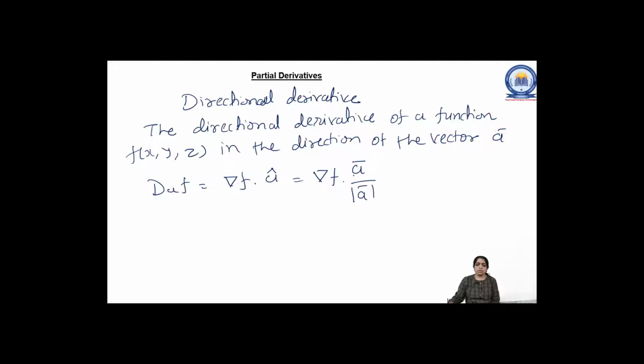So students, these are the definitions of the gradient and the directional derivative.